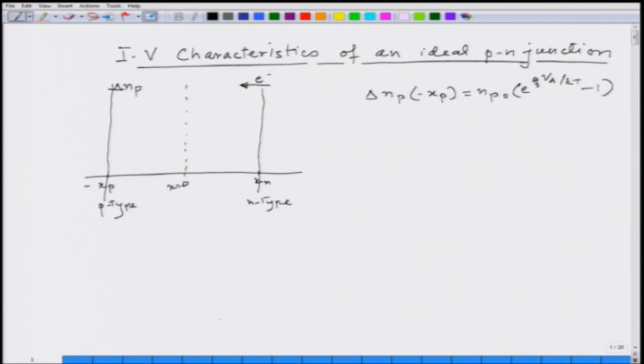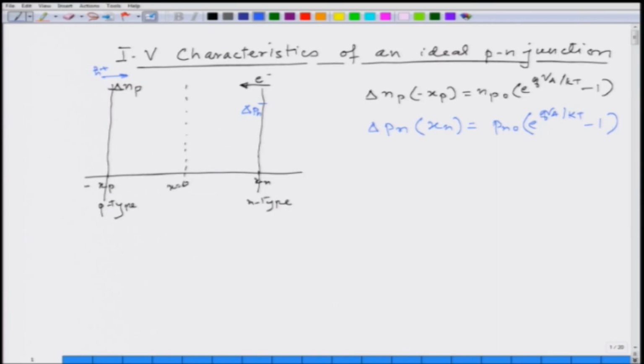Similarly, we had shown that holes which are going to be injected into the n side will be given by delta p n, and we obtained an expression for that at the value x n, which is the edge of the depletion width here, and that will be given by p n o exponential q V applied over k T minus 1.